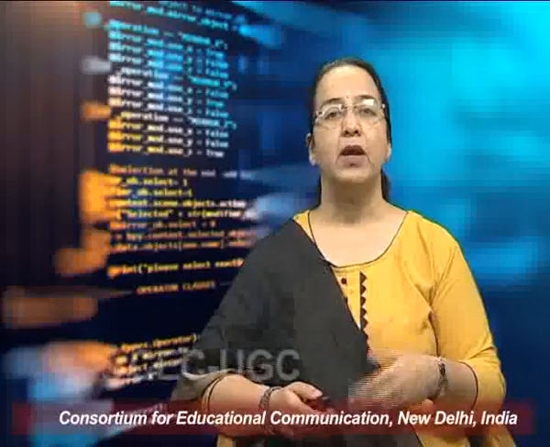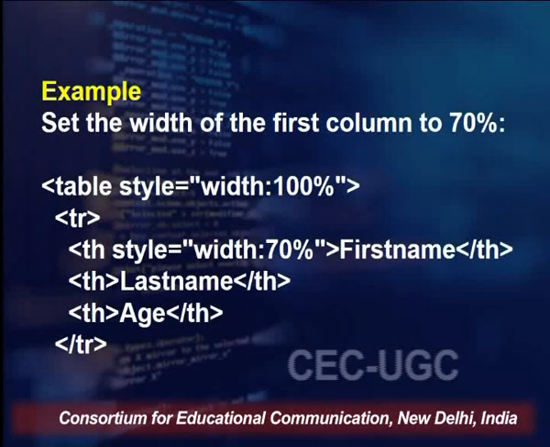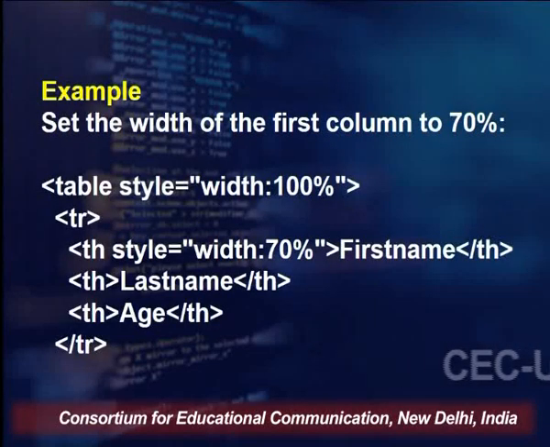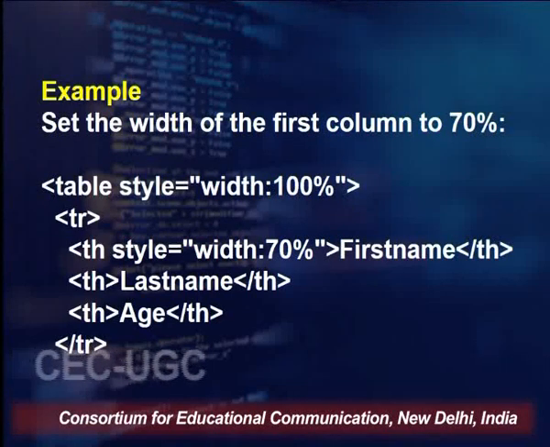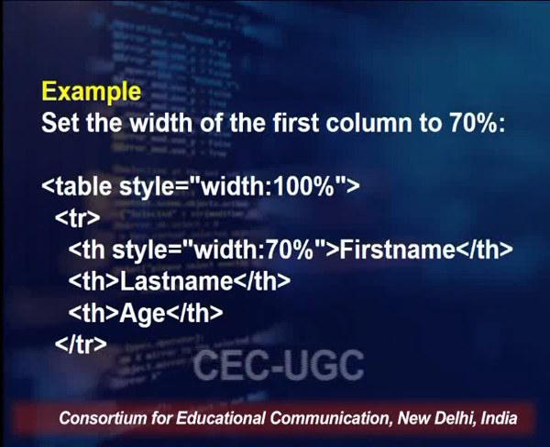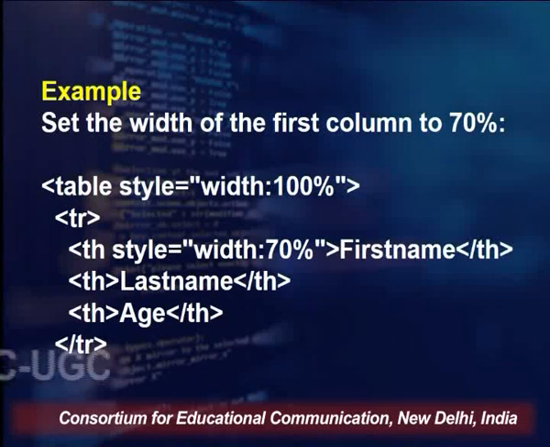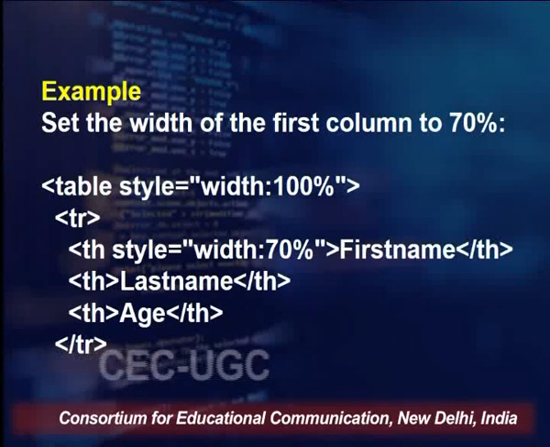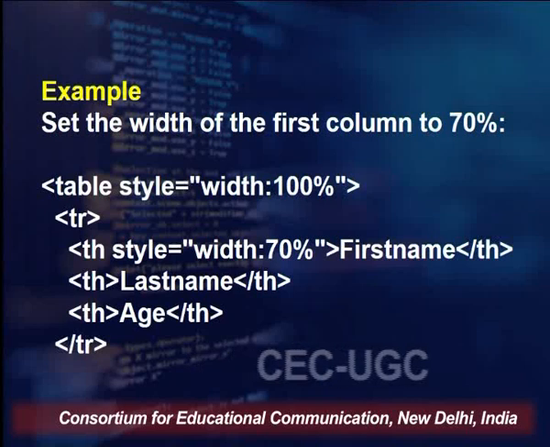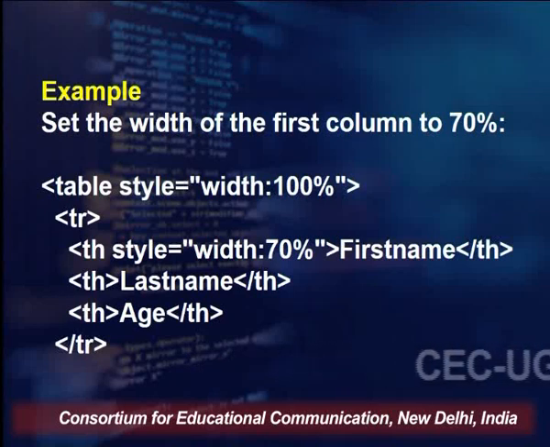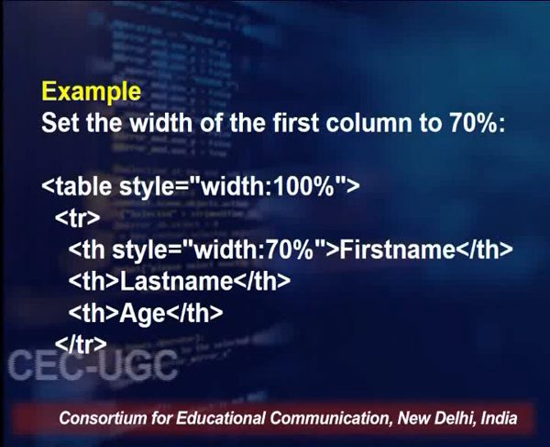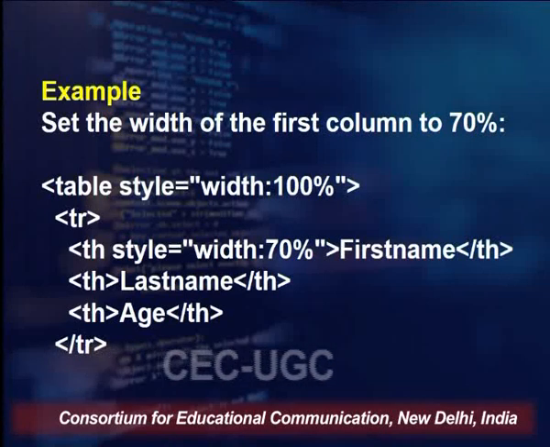Let us see. Here, if you can see the same code, table style width is 100%. So, table width will be 100% of the body element. Now, within the first table row, I have given th style width is 70%. The idea is style equals to, within double inverted commas, the name of the attribute, which is width, followed by colon and then the value of that attribute, which is 70%.